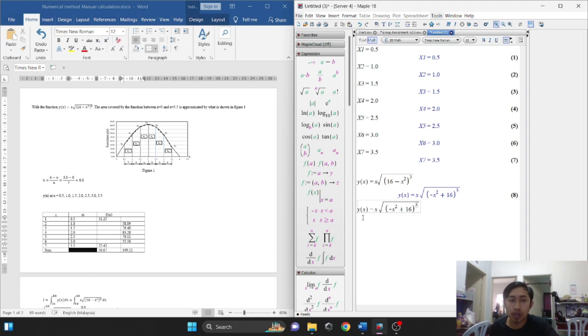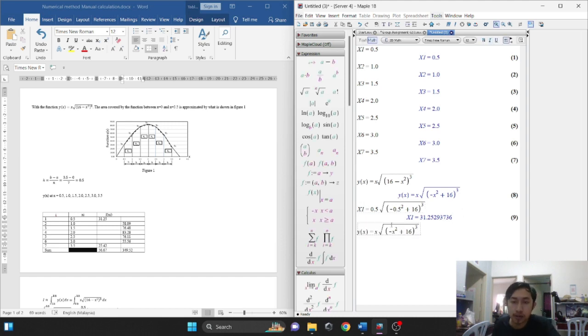So we need to prove each f(xi) answer. So we change first f(x) equal to f(x1), and then substitute the value of x equal to xi. Okay, so 0.5, and the first, x1, the answer is also the same, which is 31.25.